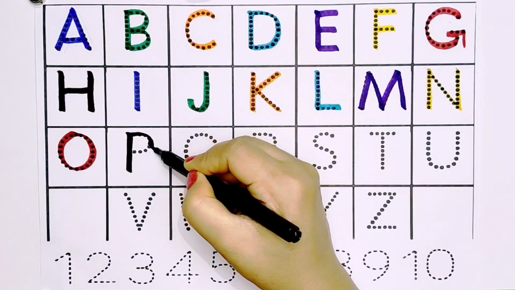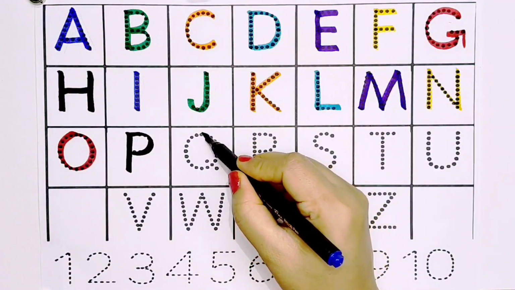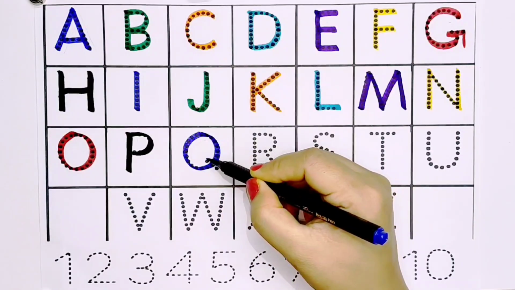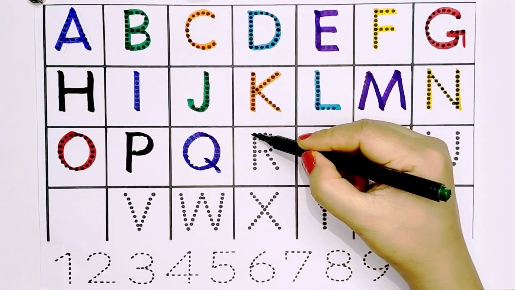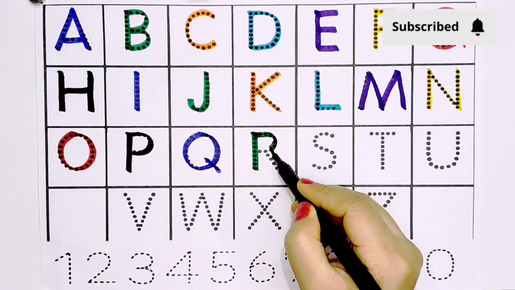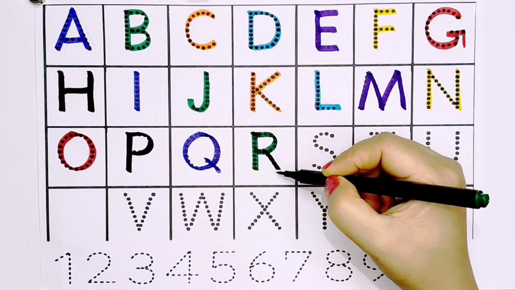P. P for panda. Blue color. Q. Q for queen. Dark green color. R. R for rabbit.